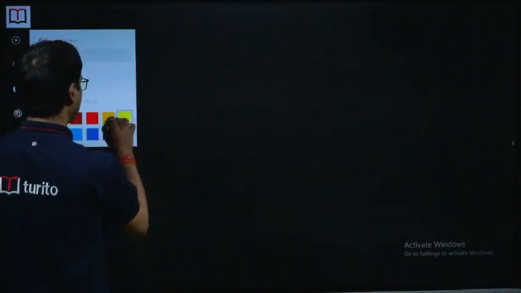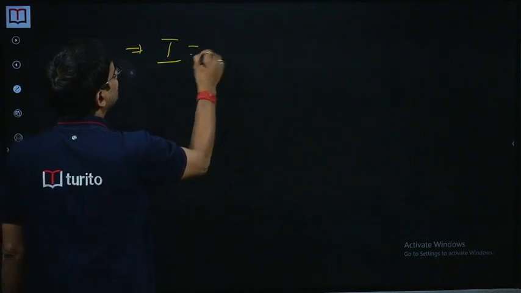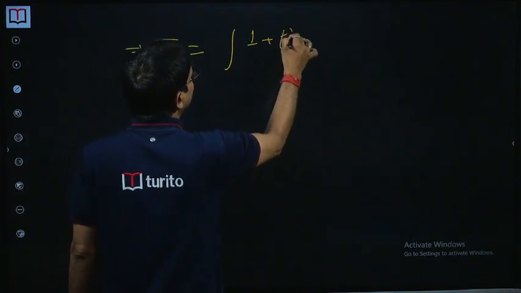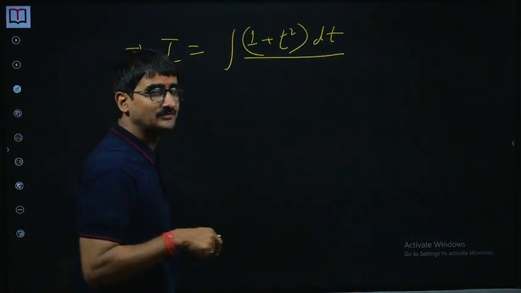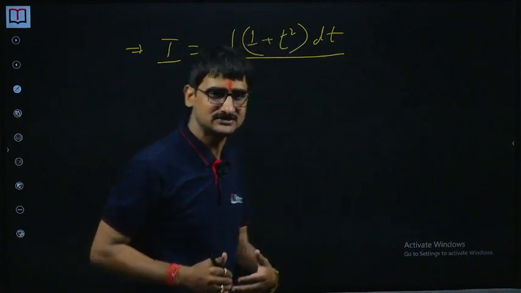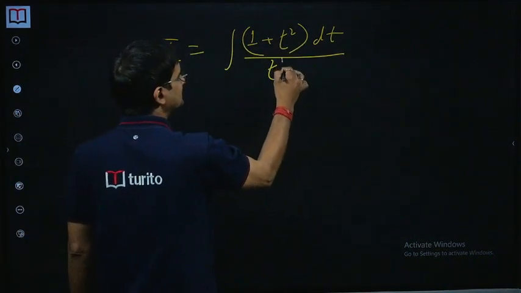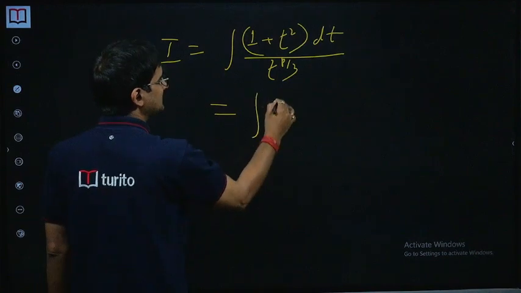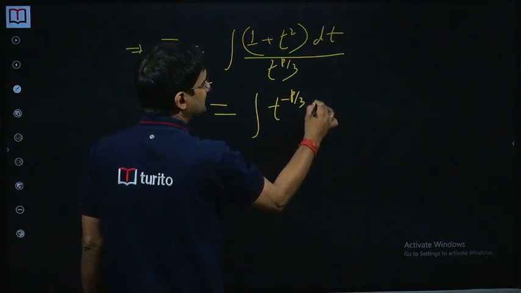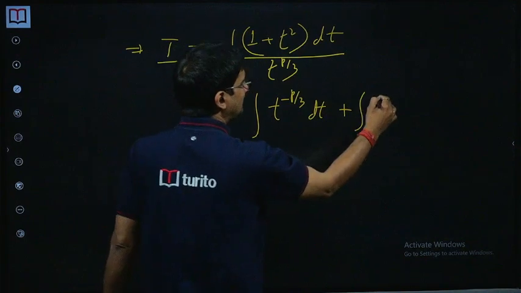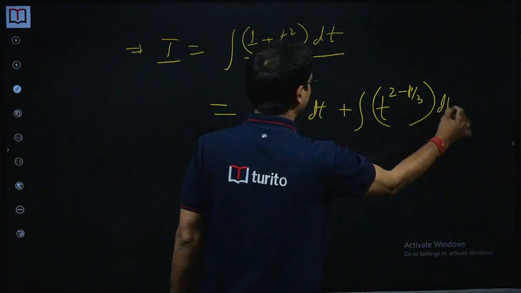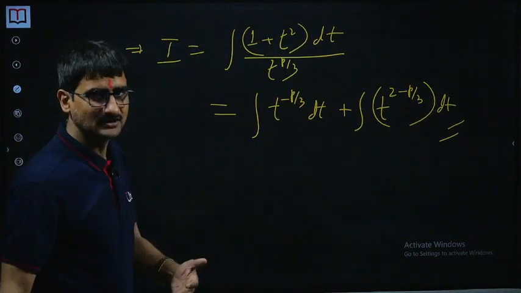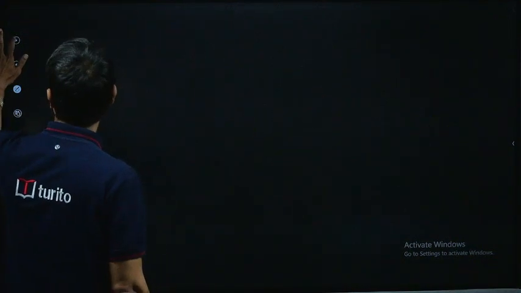So then if tan x is t, it is 1 plus t square dt, because 1 sec square will be left in the numerator, and 1 sec square will merge with dx to give us dt, and then it is t raised to the power p by 3. So you can easily write it in simple algebraic terms, in the form of powers of t. That's it. So integrate it and then replace t by tan x. So we get the answer.